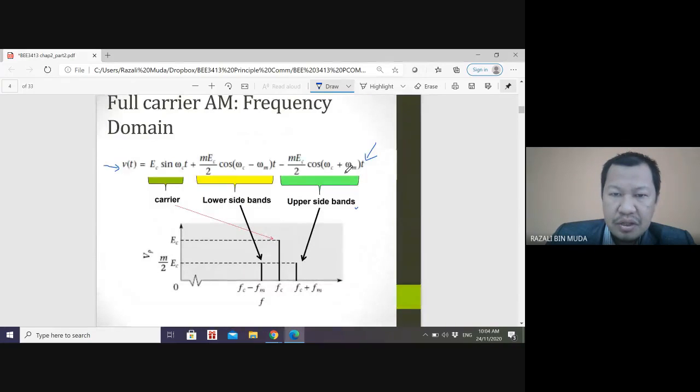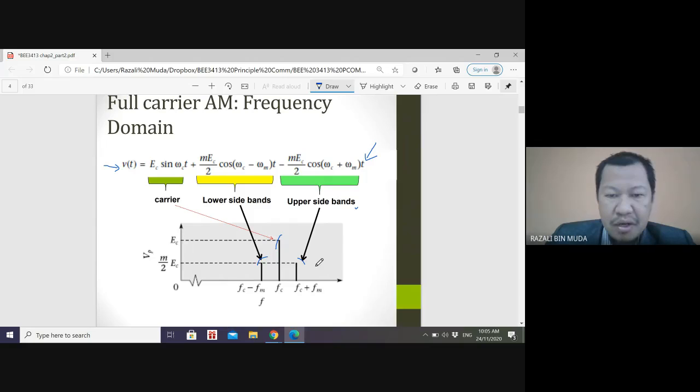So this is the AM signal in frequency domain. We have three components in the frequency domain. The first is carrier. The second is lower sideband, and the third is upper sideband.